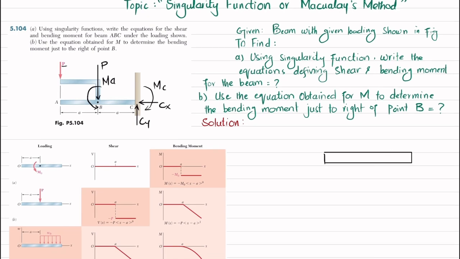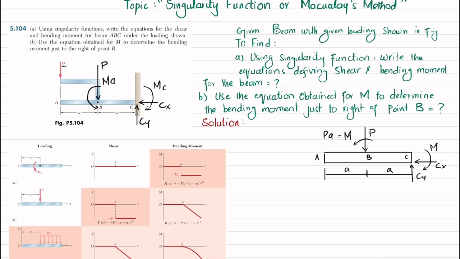So this is the beam, and this is point B where you have a load of P. By using force couple system, you will have a moment in counterclockwise direction which is equal to P into A. The distance from point A to point B is A, and the distance from B to C is also A. And we have shown the vertical reaction force CY as well as CX as well as moment MC.